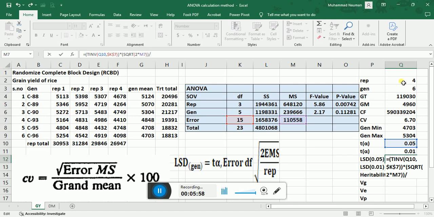Here is the number of replication, mention the cell. Now again close this whole entry in one bracket.